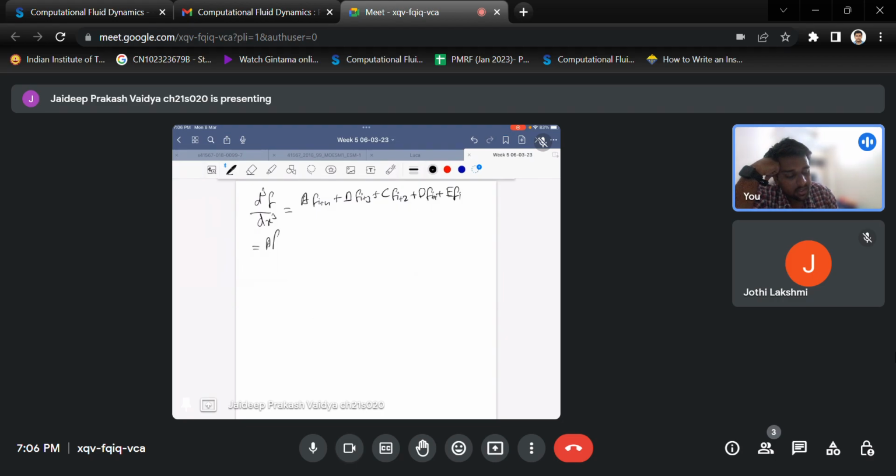So we can write this as a into f of I plus, we need again up to 5 terms.